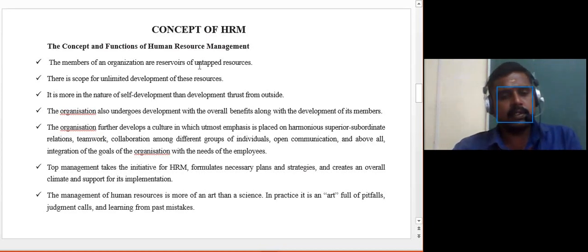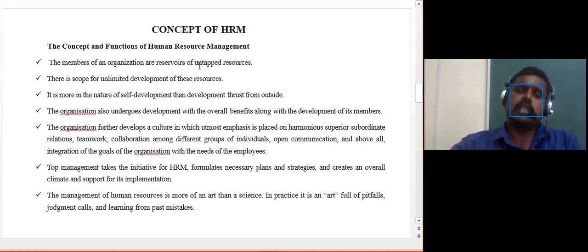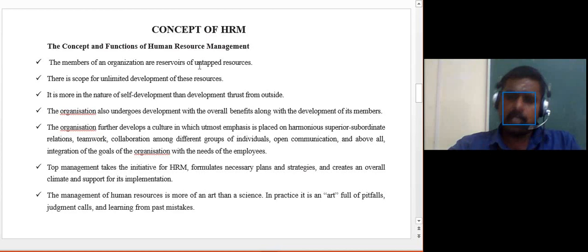And the next thing is, the top management takes the initiative for human resource management, formulates necessary plans and strategies, and creates an overall climate and support for its implementation.